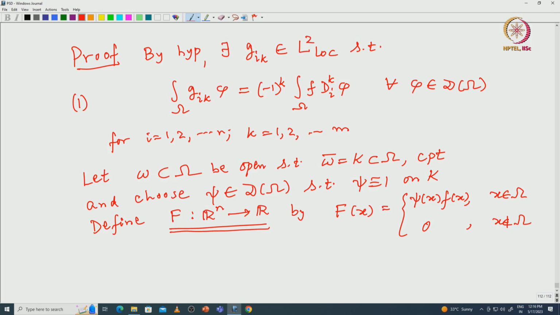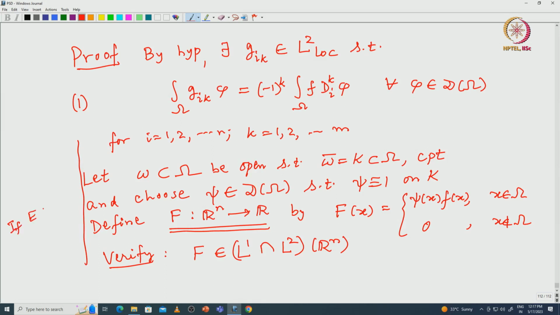Verify that this F is actually in L1 intersection L2 of R^n. For a bounded set, I have said it earlier, if E is bounded, then L2(E) is in L1(E). That is boundedness.